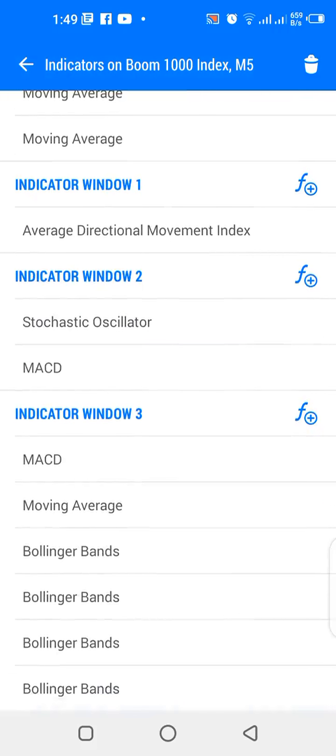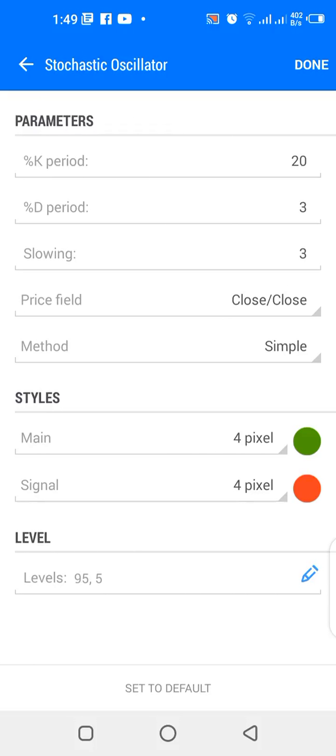For indicator window 2, we have the stochastic oscillator and MACD. For the stochastic oscillator, the parameters are percentage K period is 20, percentage D period is 3, slowing is 3, price field close on close, method is simple.